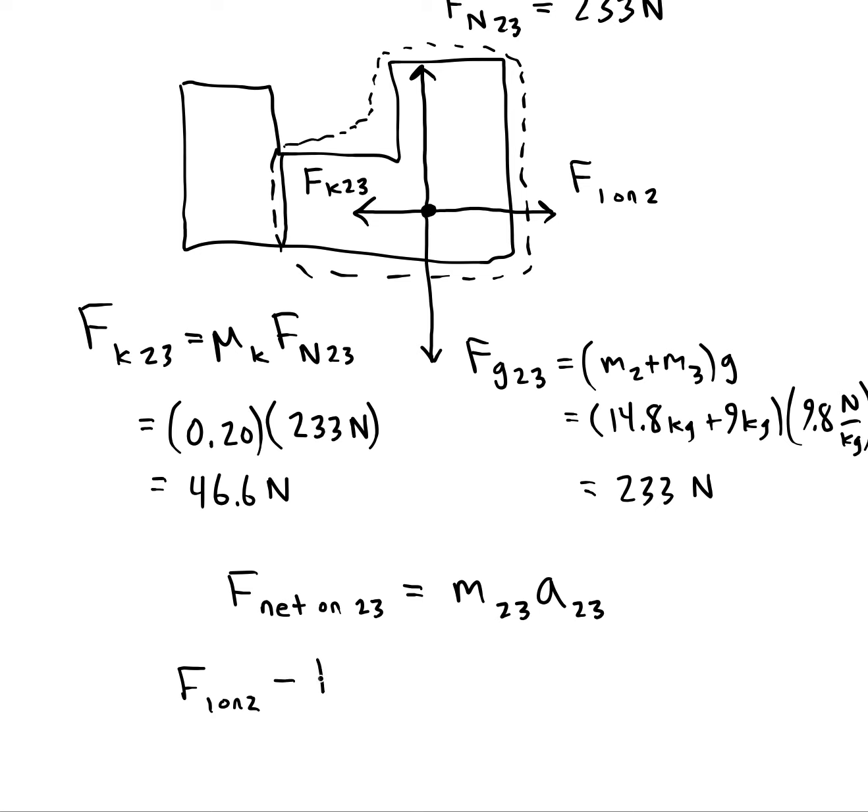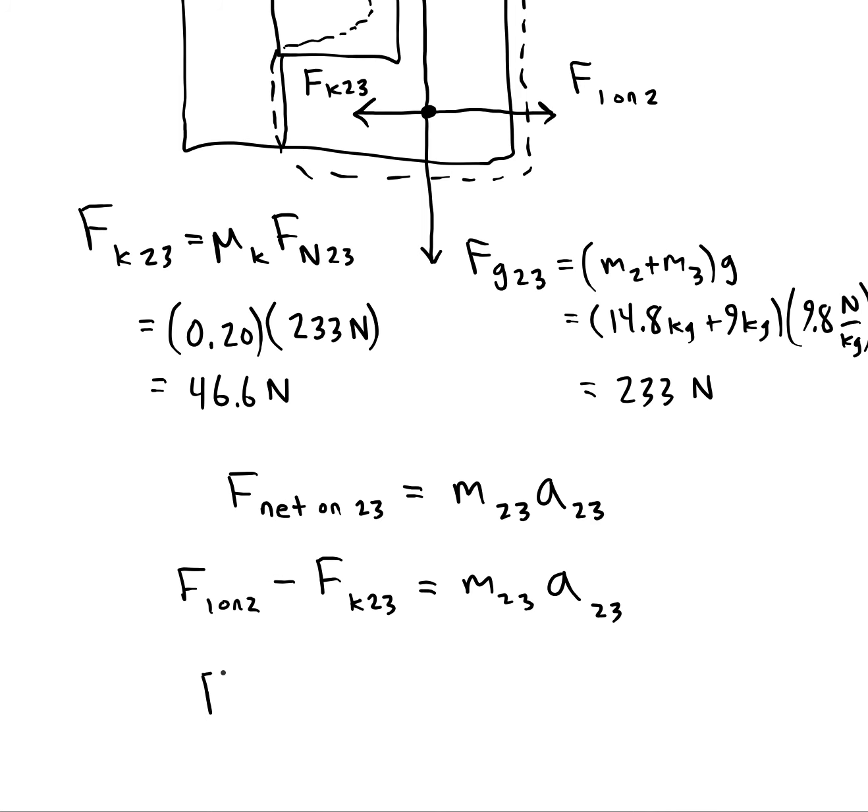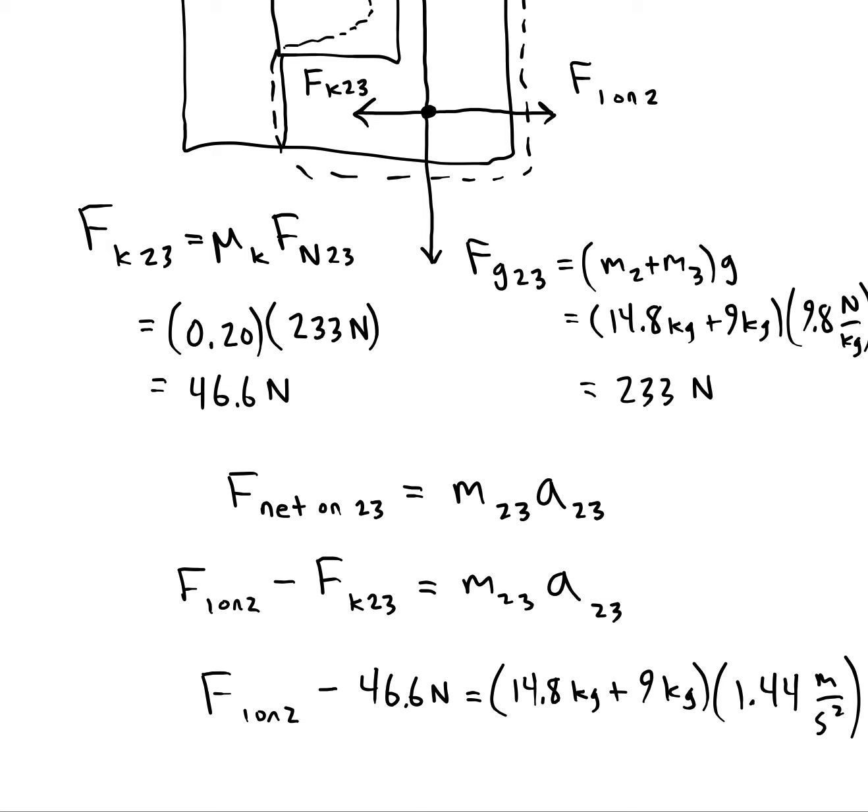We'll subtract the smaller here, FK23, equals M23 times A23. They all have the same acceleration in common. And I get that F1 on 2 is, not surprisingly, 80.9 newtons.